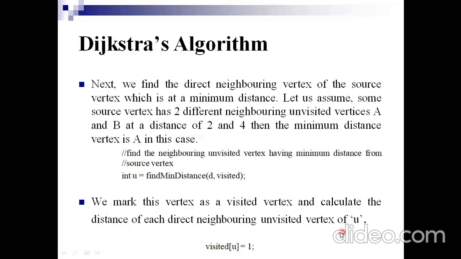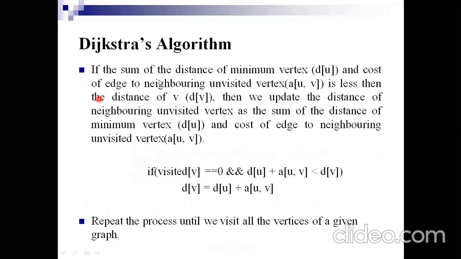Let us see how do we calculate. So it is something like this. If the sum of the distance of minimum vertex, so which is your minimum vertex? U. So you know that if D of U plus cost of the edge to the neighboring unvisited vertex, A of U comma V. So what is A?